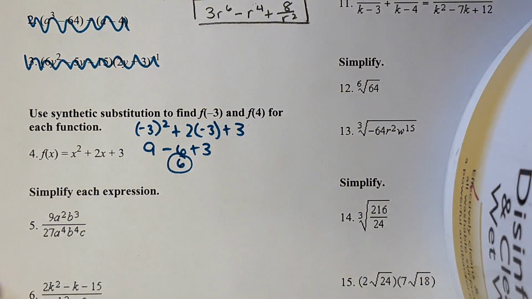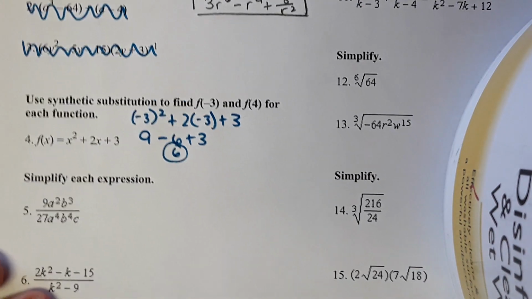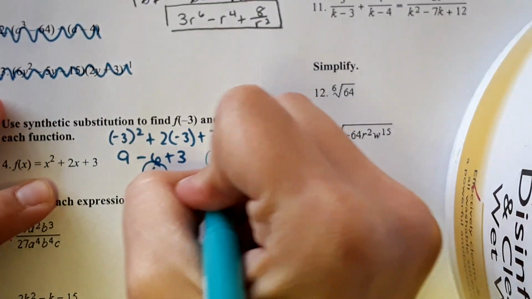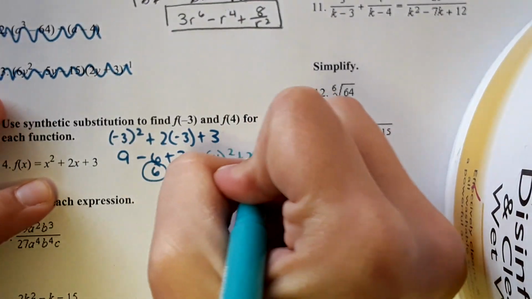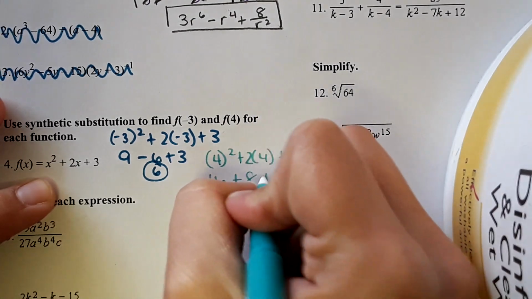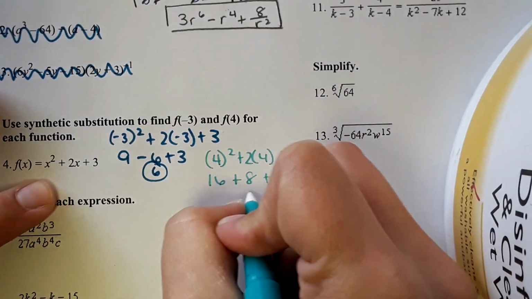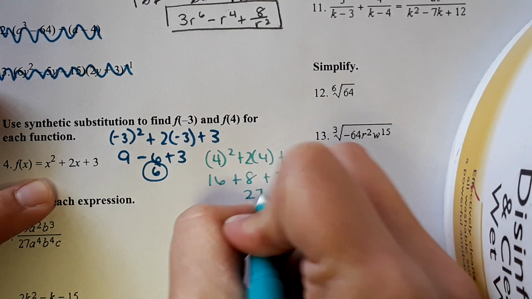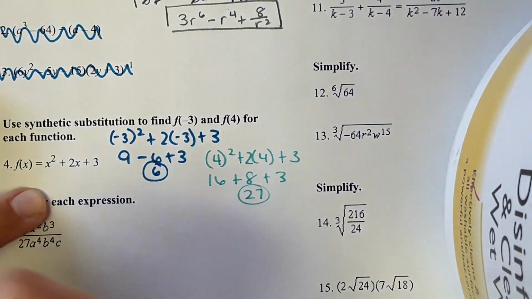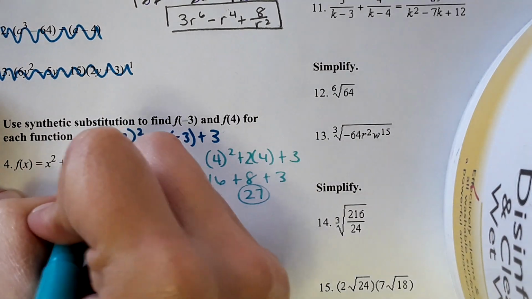So there's one of the values. And then for the second one, same idea. So the answer is 6 and 27.